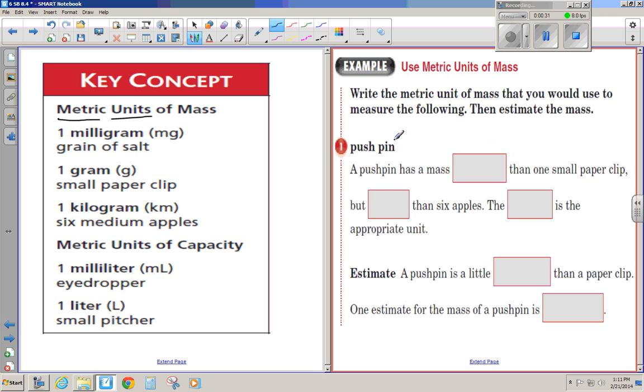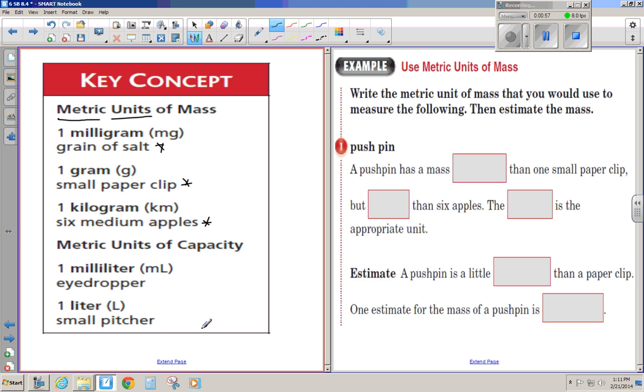So, let's talk about how we use some of this. In the metric units of mass, you would use these to measure the following, and then estimate the mass. A grain of salt is about 1 milligram. A small paper clip is a gram. 6 medium apples will be about a kilogram.